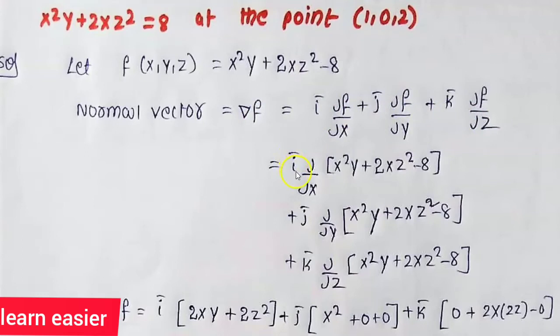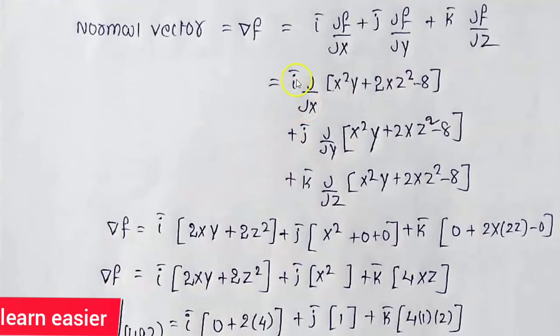So next, substitute this function f in del f. After substituting, we get i bar into dou by dou x of x squared y plus 2xz squared minus 8. In the same way, dou f by dou y and dou f by dou z.